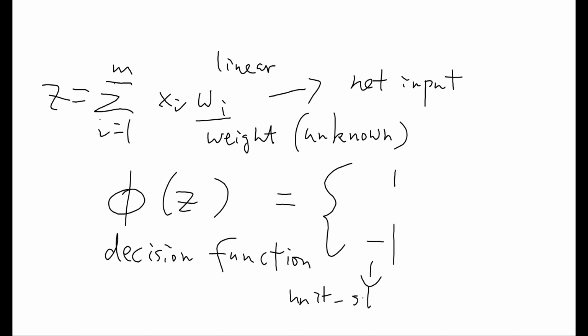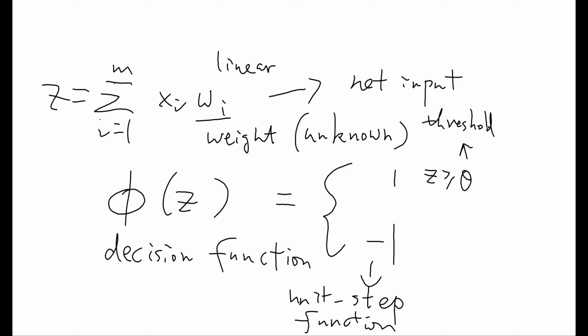So in the perceptron, we use the unit step function: it is 1 if z is greater than or equal to a threshold, otherwise it's -1, meaning it's not the class. So this is the classification: you use the decision function based on the net input, and if the net input is greater than a certain threshold.